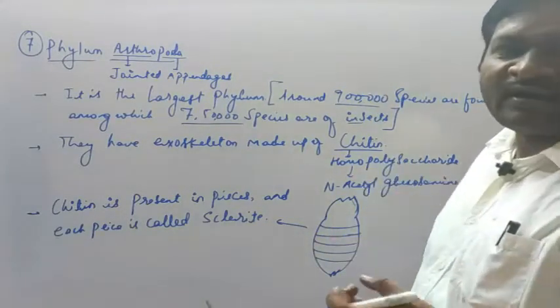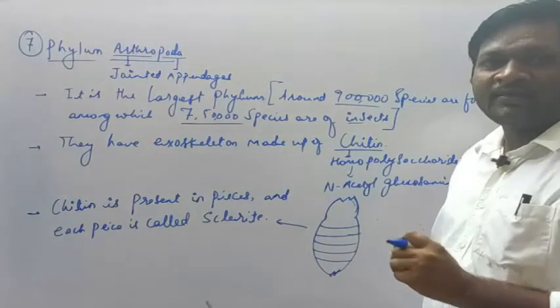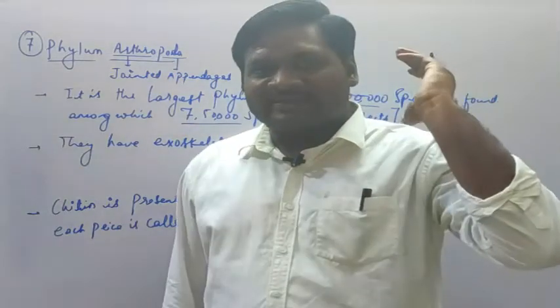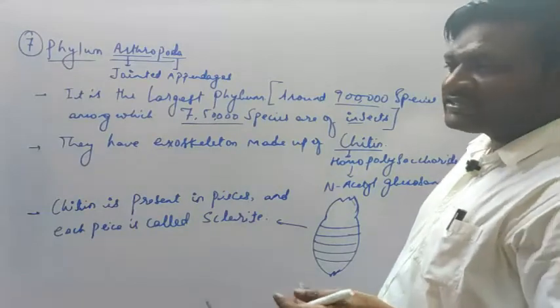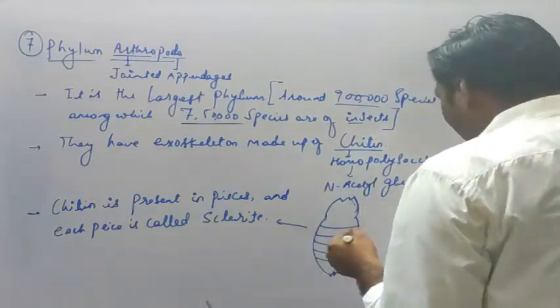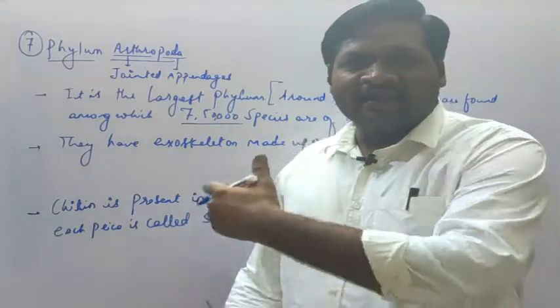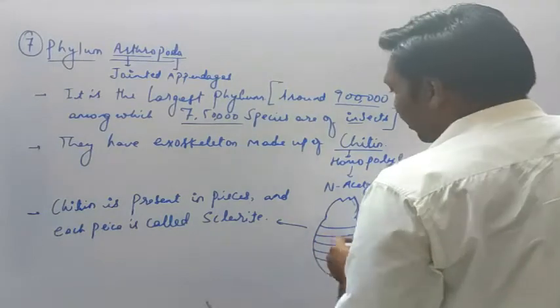There are three different regions of the sclerite: the dorsal part, the part present at the back side, is referred to as the tergum. The ventral part is referred to as the sternum, and the lateral part is referred to as the pleura.